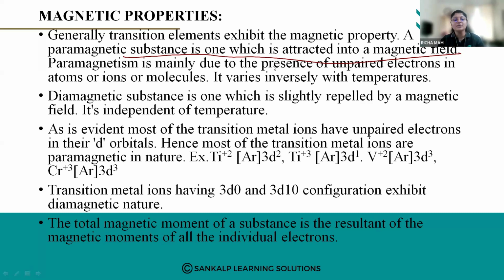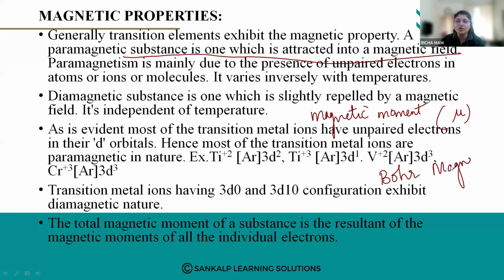How is this paramagnetic behavior measured? It is measured in terms of magnetic moment, which is given by mu. What is the unit? The unit is Bohr magneton.